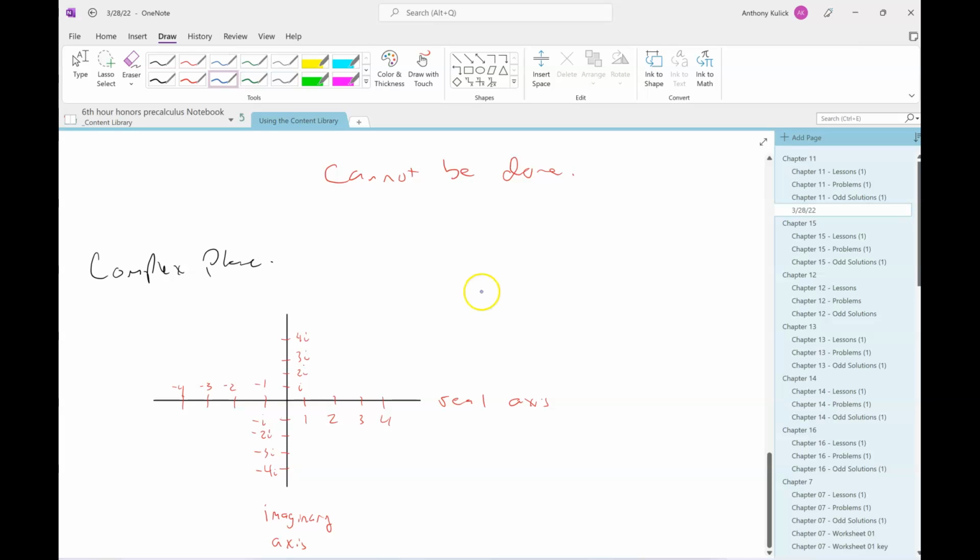So if I wanted to plot 4 plus 3i, I would go 4 over on the real axis and 3 up on the imaginary axis. And there's 4 plus 3i.